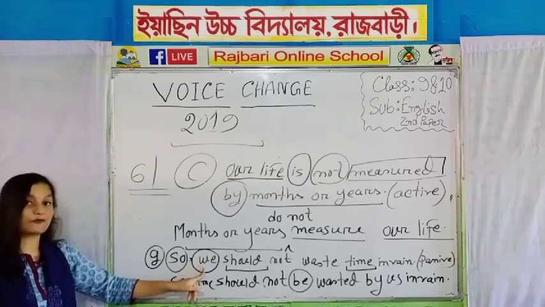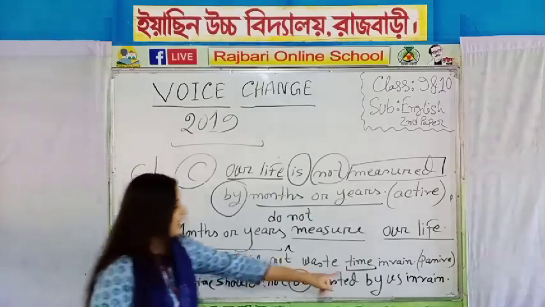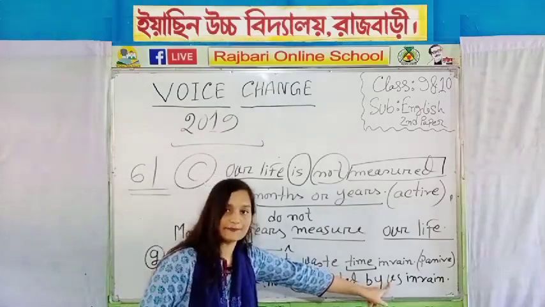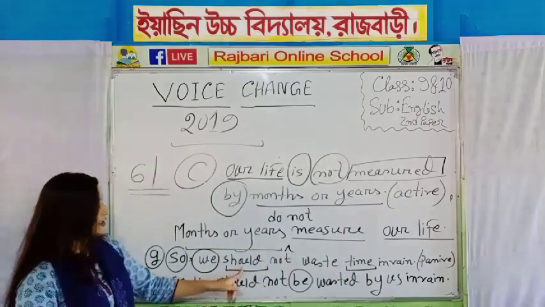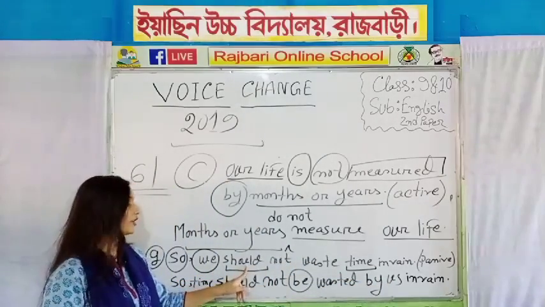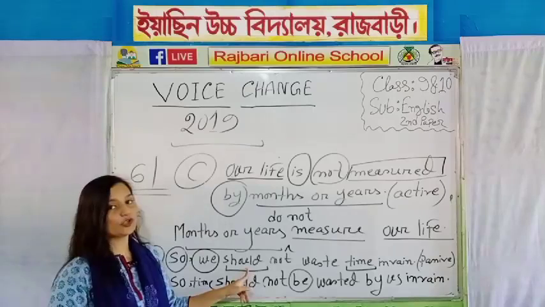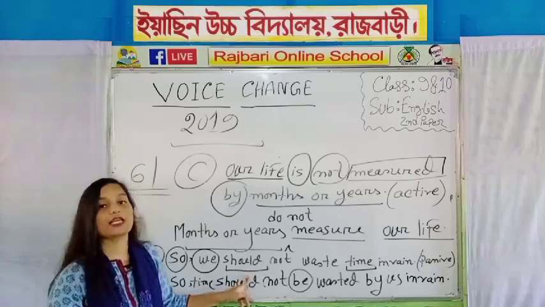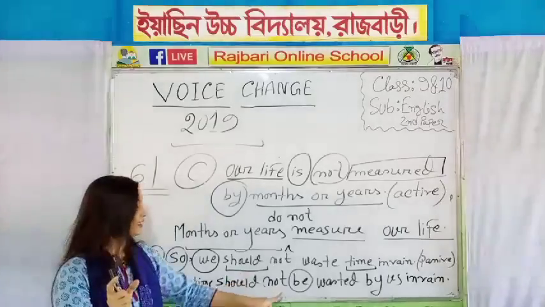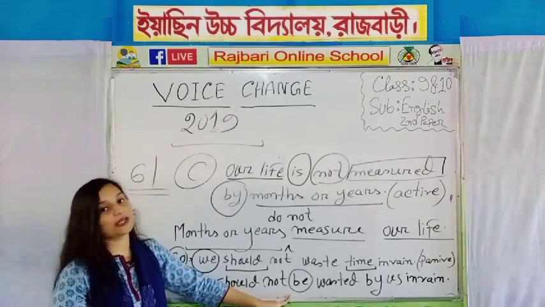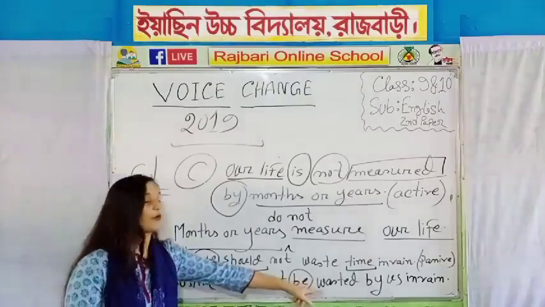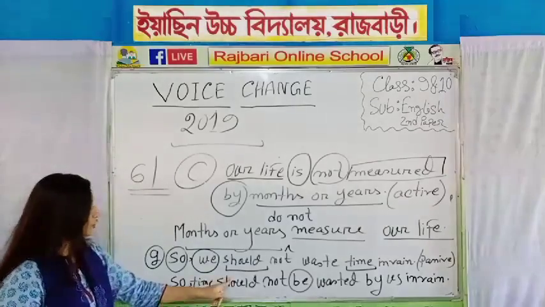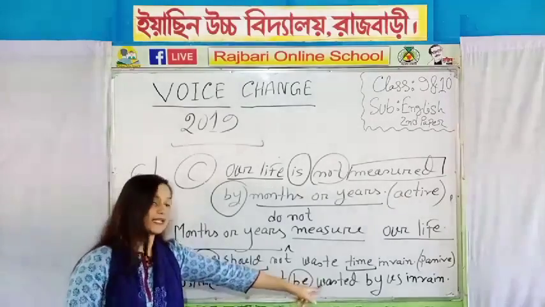So the objective form of we is us, we wrote it down here. Next we identified the verb here. Here the verb is a modal auxiliary verb, and we know that after a modal auxiliary verb, whenever you want to make it passive voice, you have to bring be, and then you make the past participle form of the verb wasted. So should not be wasted.